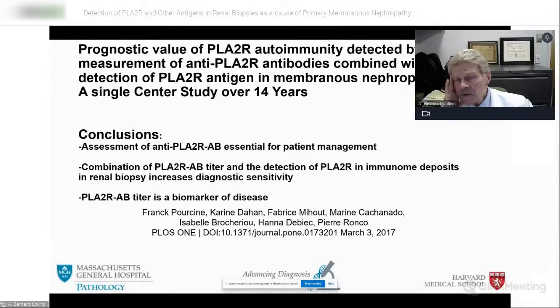Their conclusions were that assessment of anti-PLA2R antibody is essential for patient management, which we've already mentioned, and the combination of PLA2R antibody titering and the detection of PLA2R in the immune deposits in renal biopsy increases the diagnostic sensitivity. And PLA2R antibody titer is a biomarker of disease. This was published by Pierre Ronco in Europe.